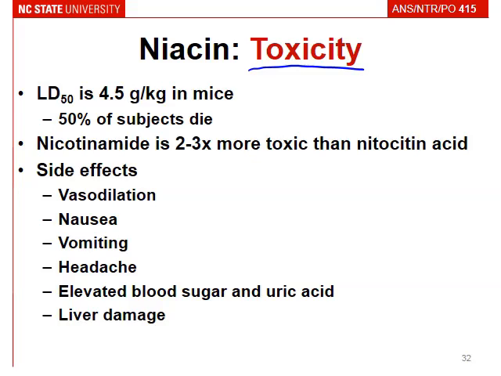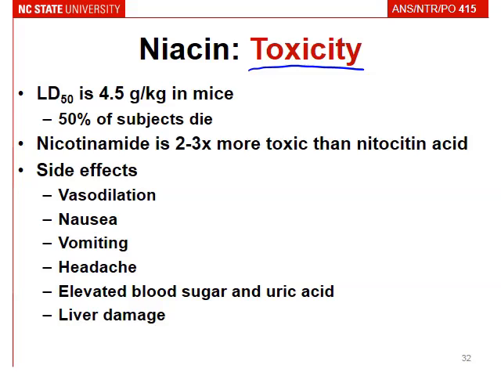The LD50 is where we have 50% of the animals die at that particular dose. In mice, that level is 4.5 grams per kilogram. So at that high dosage, you are going to have 50% of the individuals die.